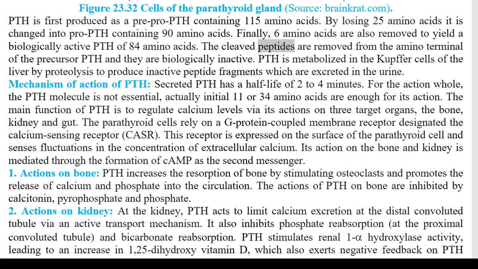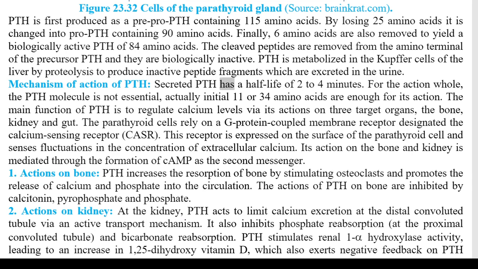The cleaved peptides are removed from the amino terminal of the precursor PTH and they are biologically inactive. PTH is metabolized in the Kupffer cells of the liver by proteolysis to produce inactive peptide fragments which are excreted in the urine.